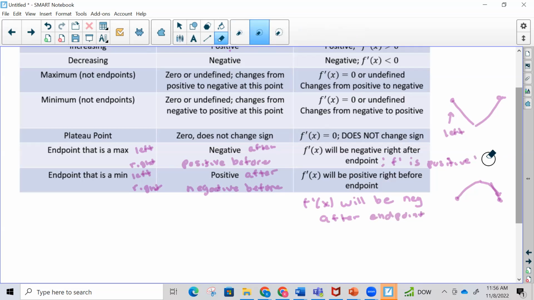This should say f prime is positive after, or sorry, before. And this one should say before.